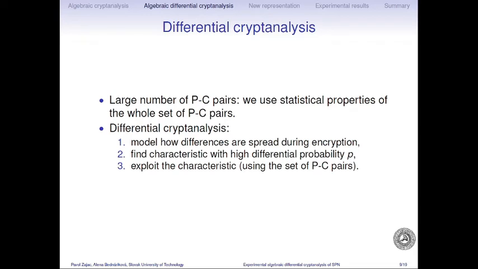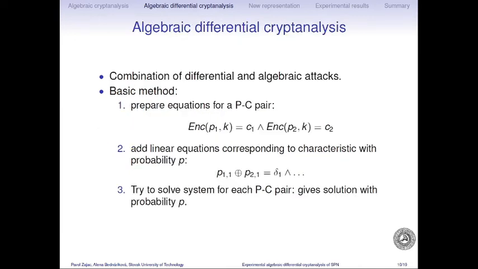There are multiple techniques how to do this, but we will be focusing on algebraic differential cryptanalysis, which is essentially a combination of differential and algebraic attacks. So what we will do is we'll prepare an equation system for one PC pair, encrypt P1 to C1 by K, and for some second PC pair, encrypt P2 by K to C2.